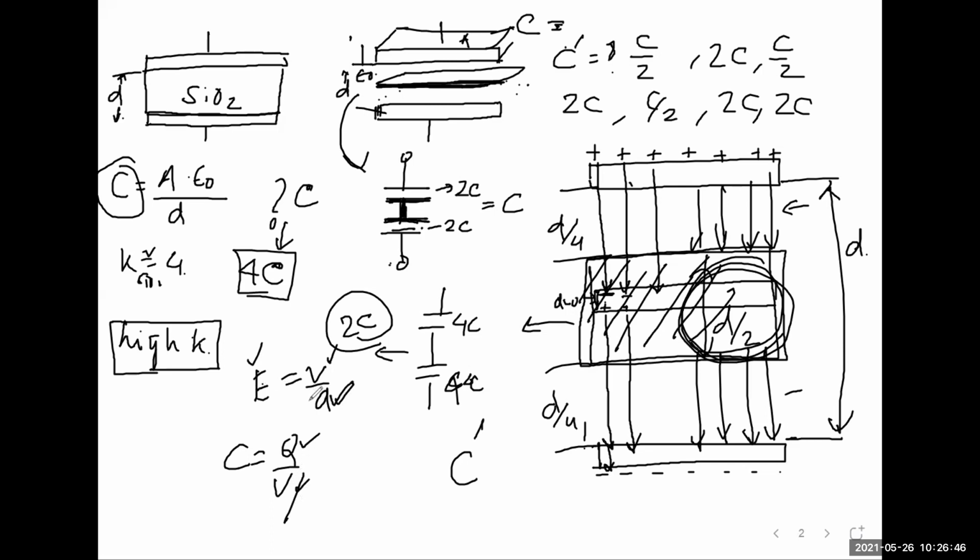So electric field is the same, now distance is D by 2. V is half of what it was before, right? Because for the same charge, now the potential is half. And that means C dash is twice of that.